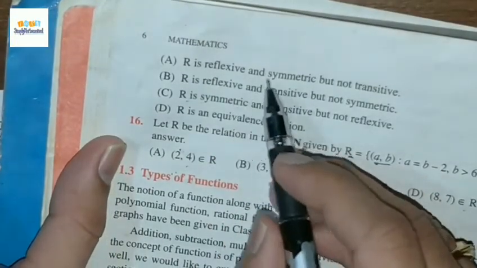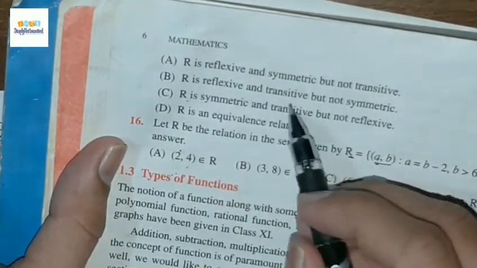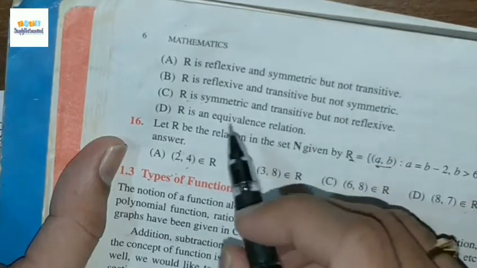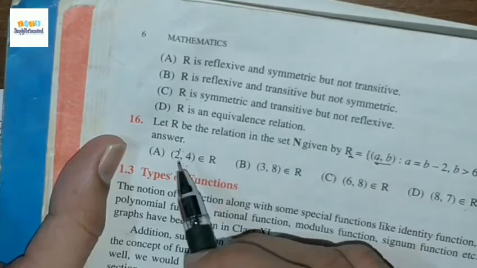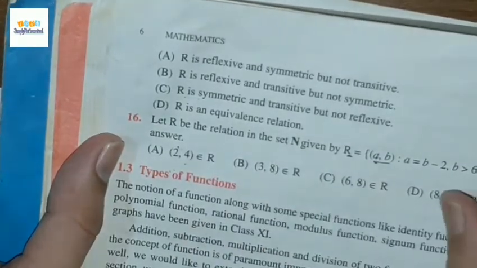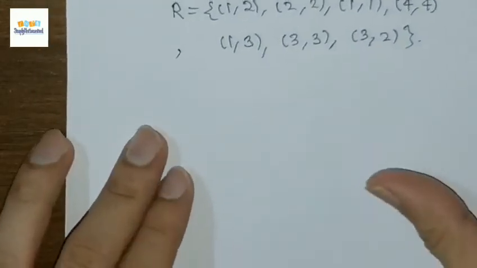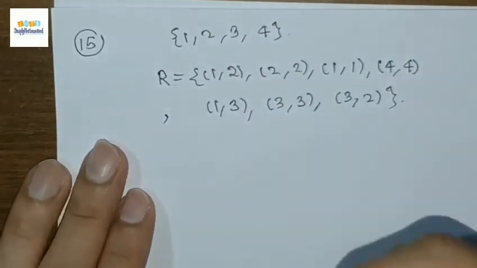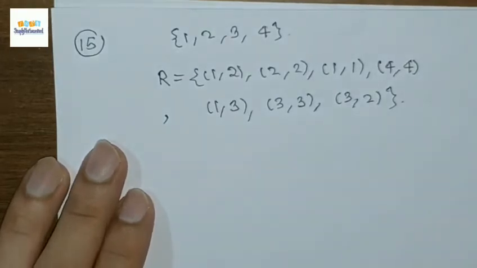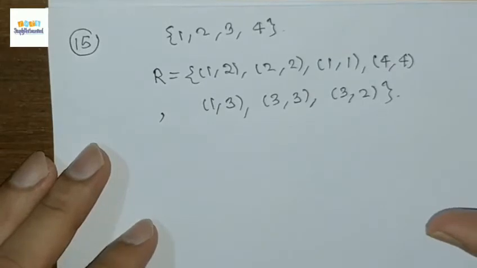The options given are these. R is reflexive and symmetric but not transitive. R is reflexive and transitive but not symmetric. R is symmetric and transitive but not reflexive. R is an equivalence relation. We have to check whether the relation R is reflexive, symmetric or transitive one by one, and then we will get the correct option.